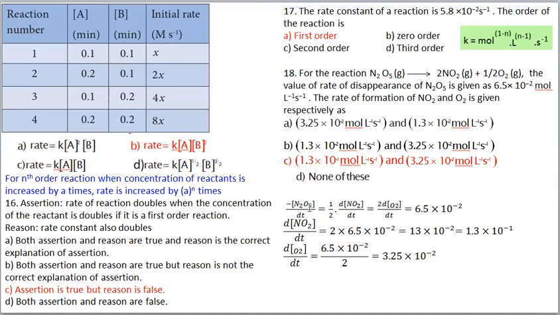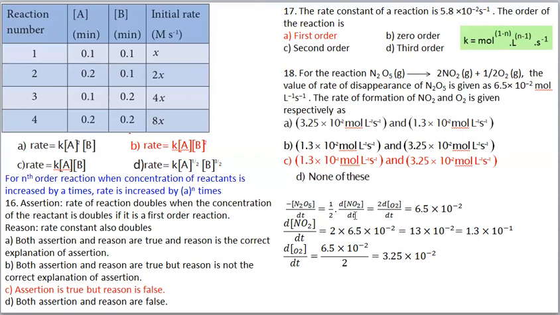Okay. Here you see, rate of disappearance of N2O5 is given. This value is given, so this is equal to 6.5 into 10 to the power minus 2. Now our question is to find out the rate of formation of NO2 and O2. Rate of formation of NO2, this value we want to find out. So we can change these two here.